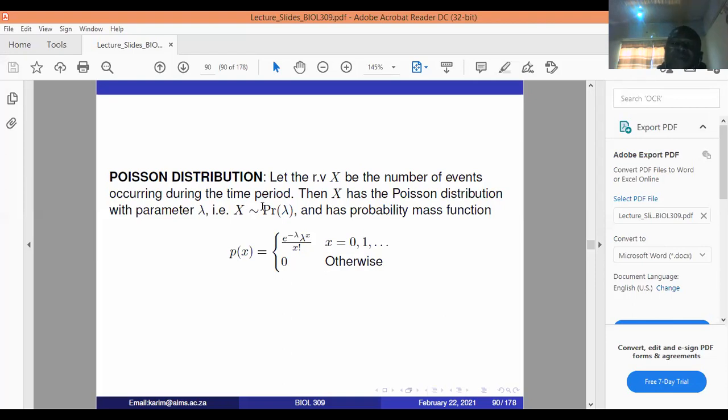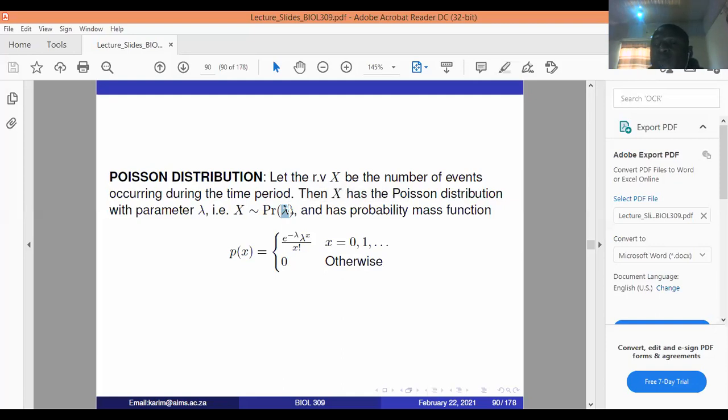Now, what is the rate of birth? Let's assume that we are looking at COVID-19 cases every day. How many cases do we record for COVID-19 every day? We want to know the rate of COVID-19 occurrence every day. So the lambda you have seen here is measuring the rate of occurrence of the disease.